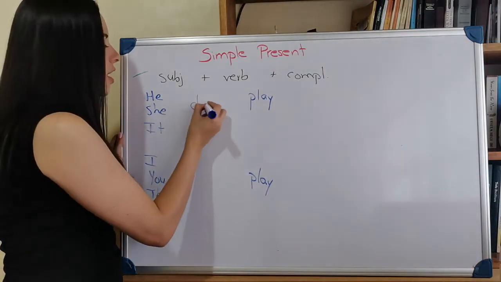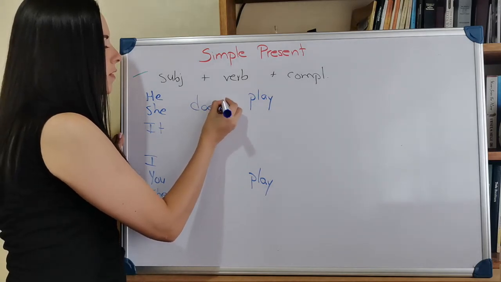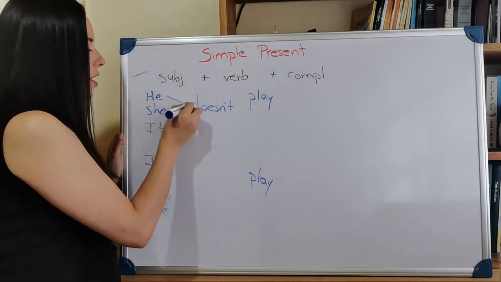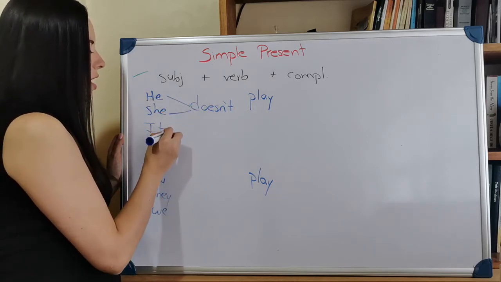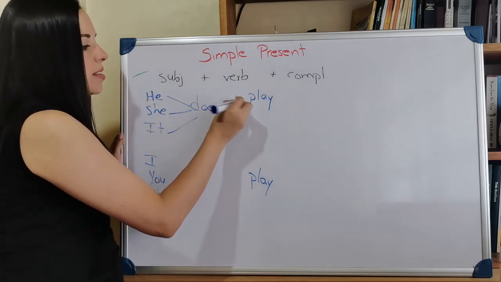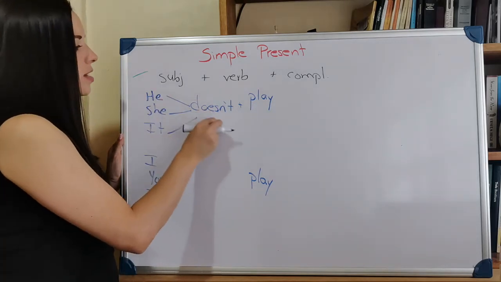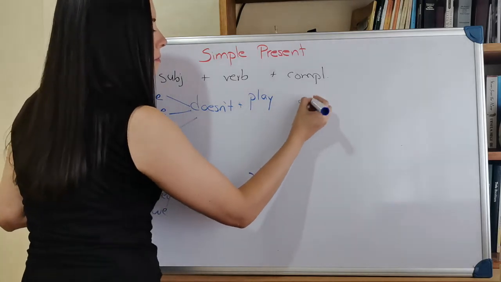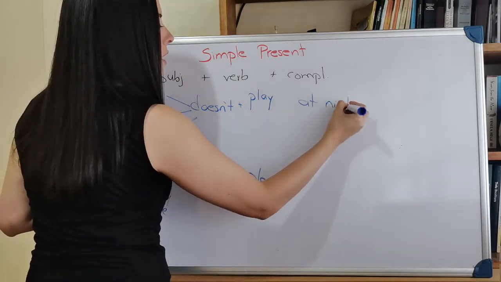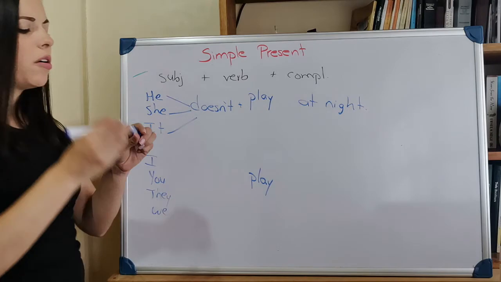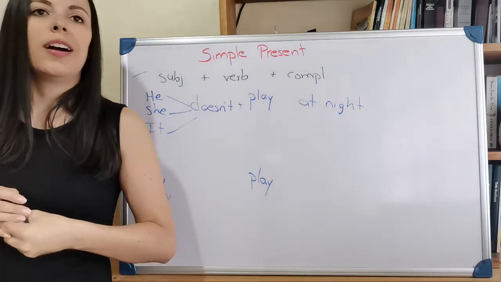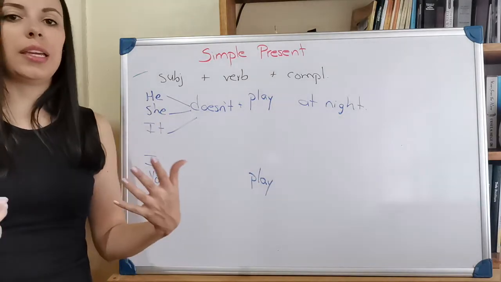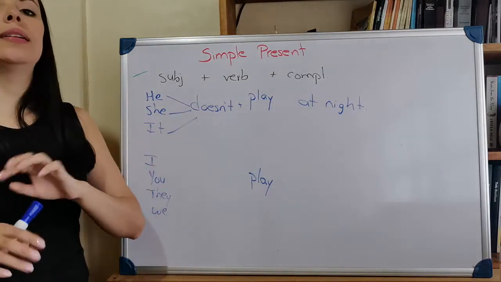I just need to say doesn't. Doesn't for he, she, and it. He doesn't, she doesn't, it doesn't, plus the verb. Okay, he doesn't play, she doesn't play, it doesn't play, complement, at night. I don't know, he or she doesn't like when it's dark, so he doesn't play at night, or she doesn't play at night.